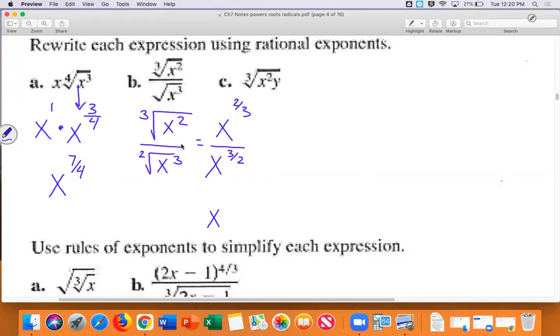Hit math. Enter, enter. Yeah, the first one's frac. What did you get?